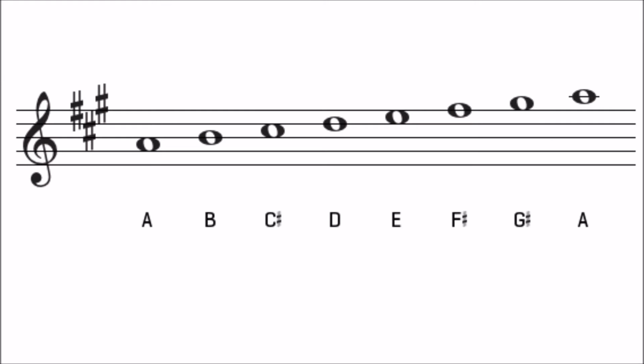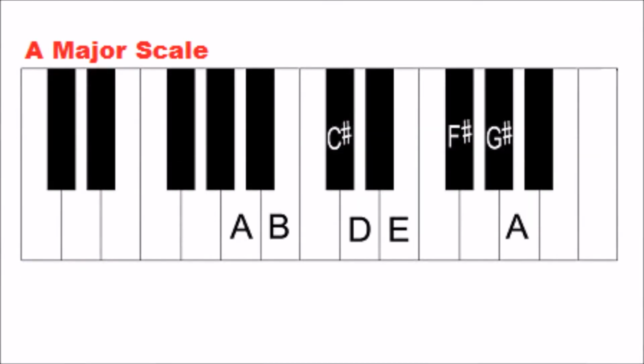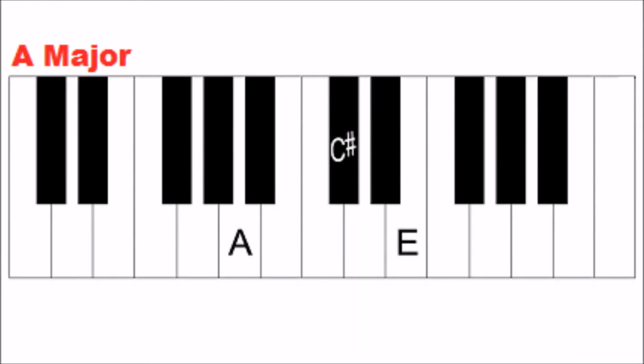Another way to come up with chords by key is to first of all know the notes of the scale. Then form each chord by skipping a letter or note. For instance, you can start on A, skip B, play C sharp, skip D, and play E, giving you A, C sharp, E, or an A major chord.